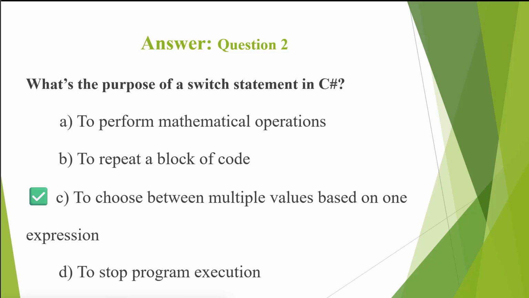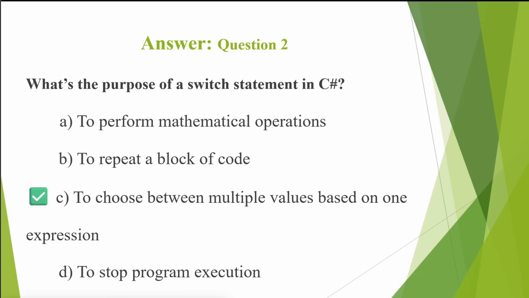For question 2 regarding the switch statement, the correct answer is option C. A switch statement in C# is used when you want to execute different code blocks based on the value of a single expression, a variable or a value. It works by evaluating an expression once and then comparing its value against predefined case labels.